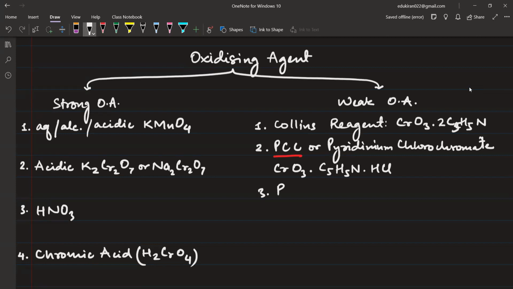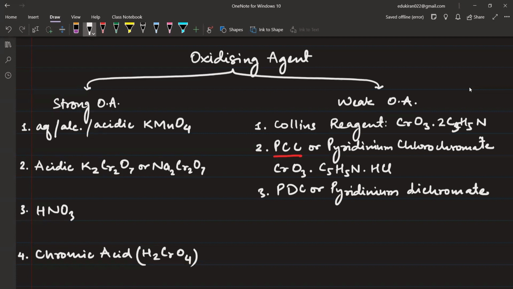And the third one, PDC. The full name for PDC is pyridinium dichromate. Also write the formula.